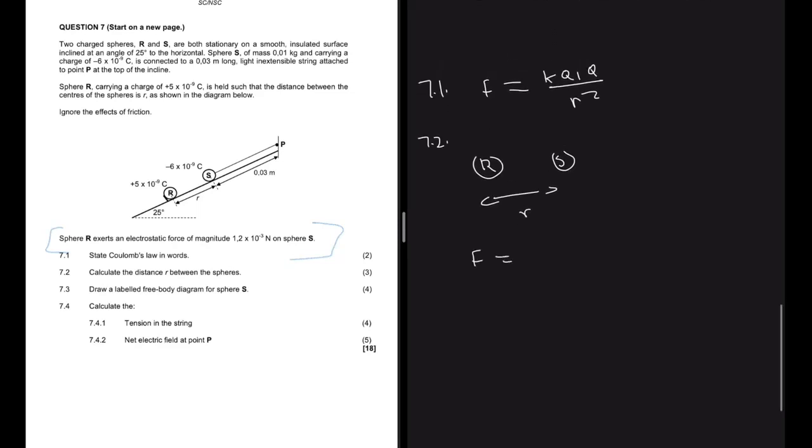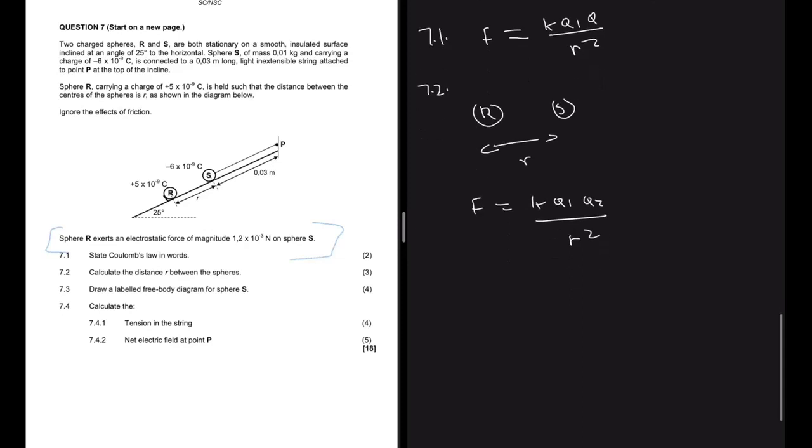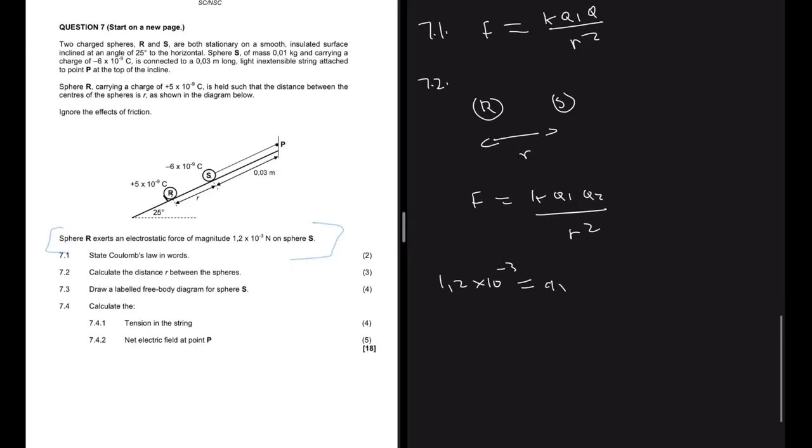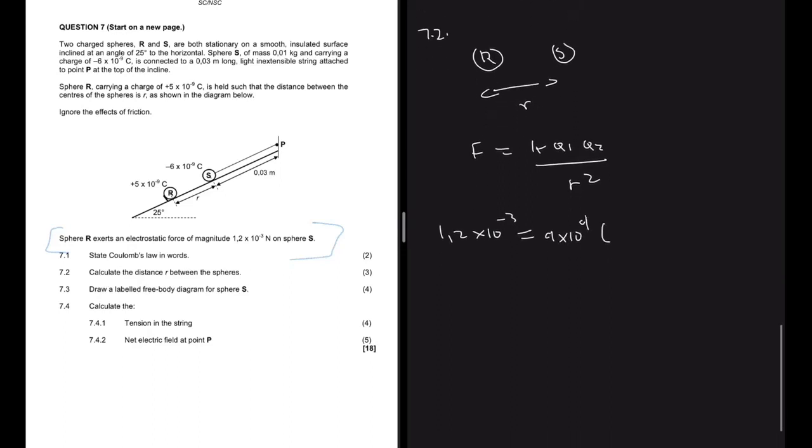S, right? So if we're using this formula, F equals k Q1 Q2 divided by r squared, we know that F will be 1.2 times 10 to the power minus 3 equals, then k is a constant, that is 9 times 10 to the power 9, and then Q1 will be R in this instance.